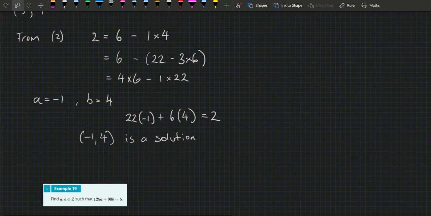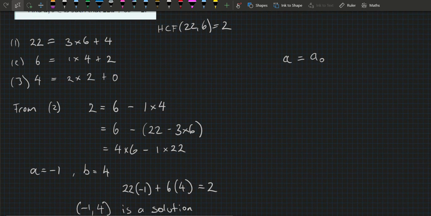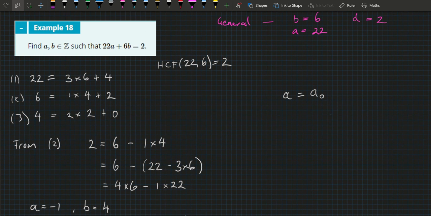Okay, so A naught will be minus 1, plus the other number, 6 on 2, which is 3, times t, and the solutions for B will equal B naught minus 11, because it's 22 on 2, times t. Is that right?